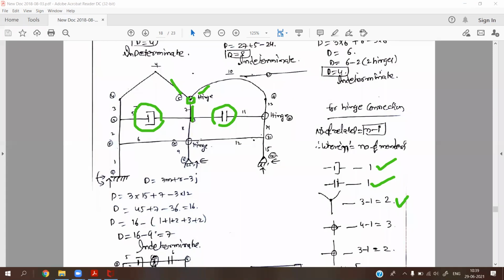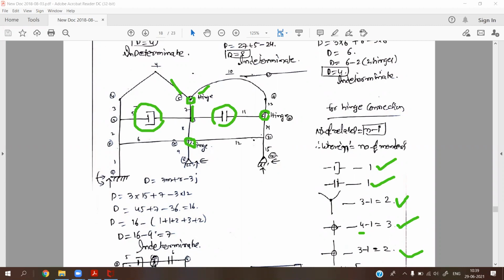Next, this hinge connects four members, so 4 minus 1, therefore 3. Next, this hinge connects three members, so 3 minus 1, 2. Is there any other hinge? No, so we have completed all hinges.